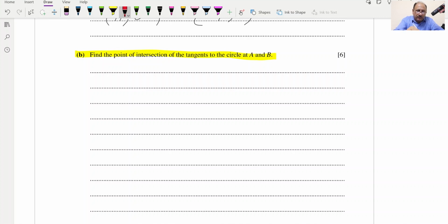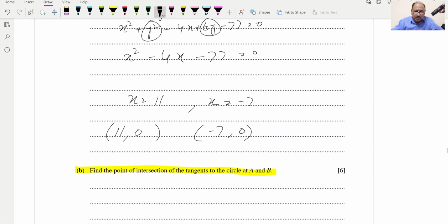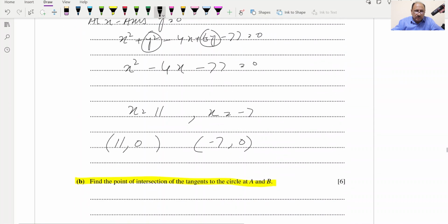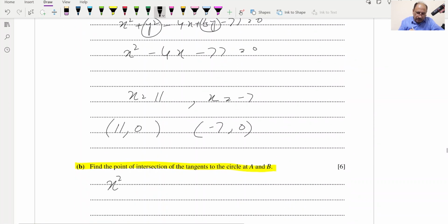So for that we will be taking the derivative of the given curve. The given curve is this one, x squared plus y squared minus 4x plus 6y minus 77 is equal to 0.